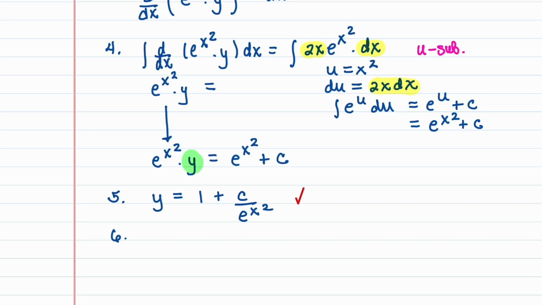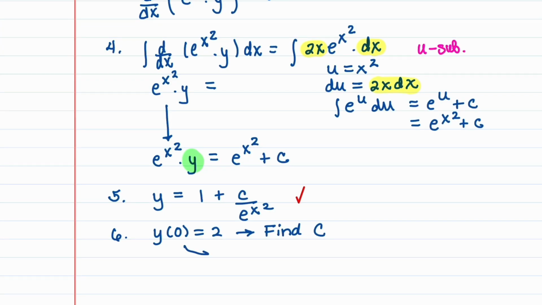Let's write down our initial condition that y of 0 is equal to 2, and we want to find c from that. This just tells us that when x is equal to 0, y is equal to 2.